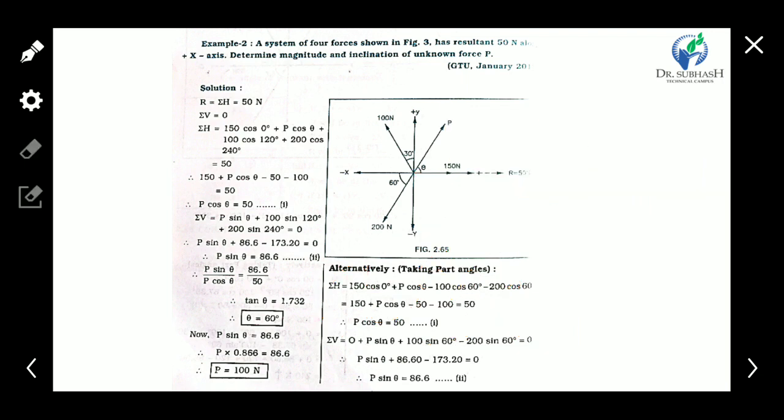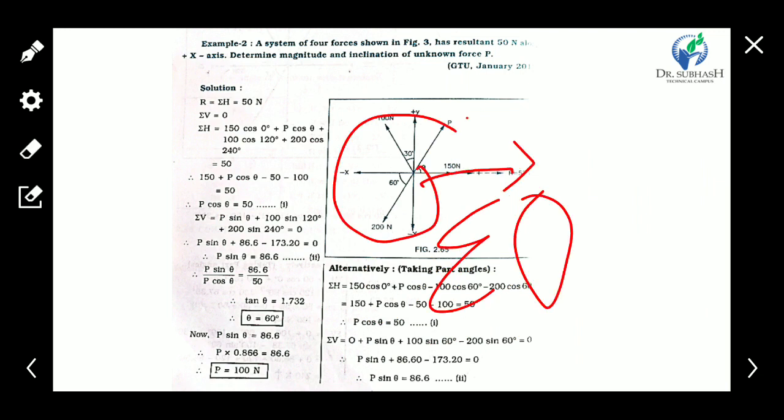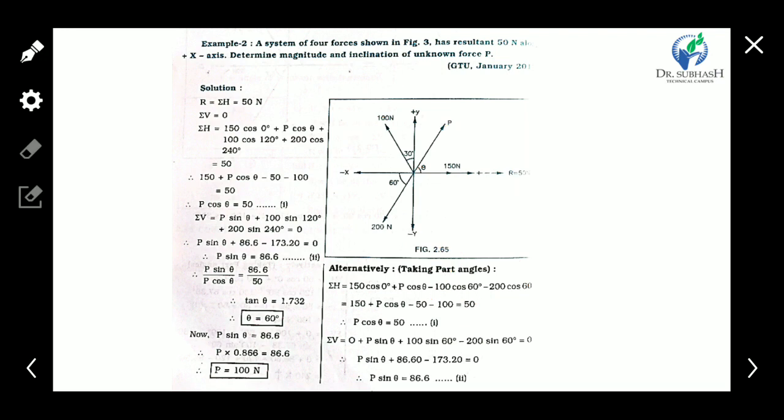So the vertical component of the resultant is 0 because it's perfectly horizontal. Okay. So here the resultant is the resultant of all these forces. So we know that the summation of vertical must be 0 because the resultant vertical component is 0. So here we can write that the summation of vertical is 0, put in the other values, and finally we get the other equation.